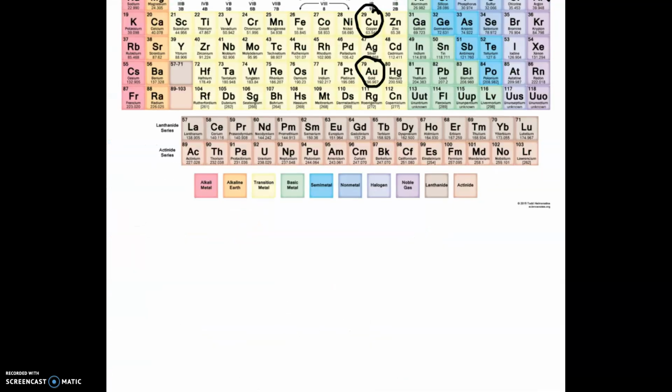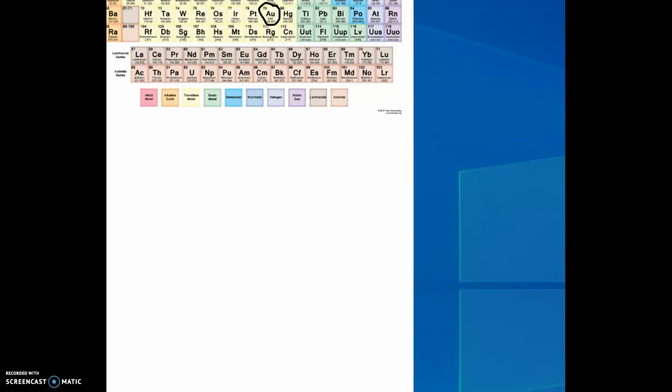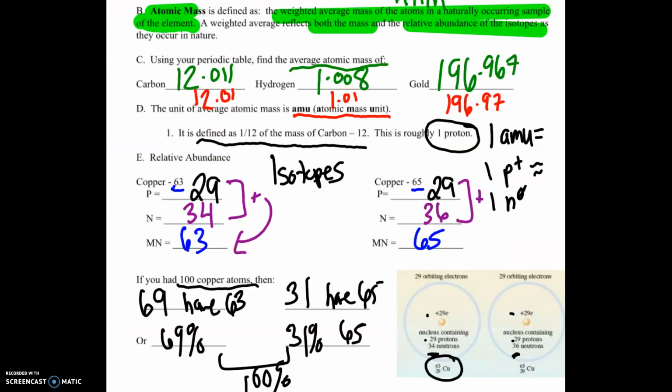On the periodic table, it says that copper's weighted average is 63.54. And if you can see, the one that has the higher percent abundance, the average atomic mass will be much closer to that. So 63.5 is closer to 63 than it is to 65. So that's the background in the theory.